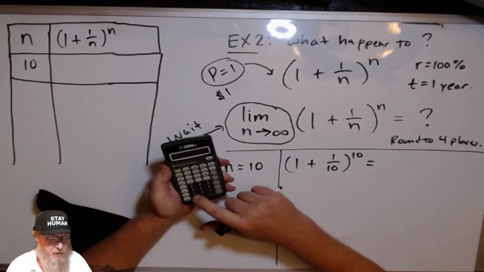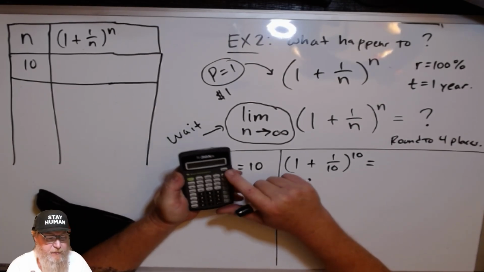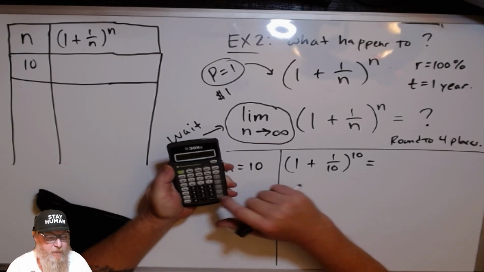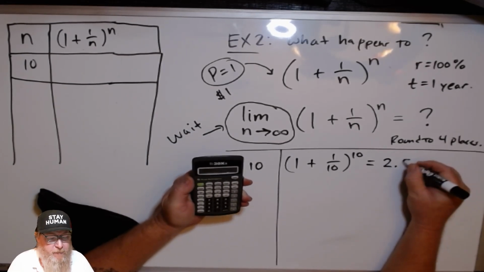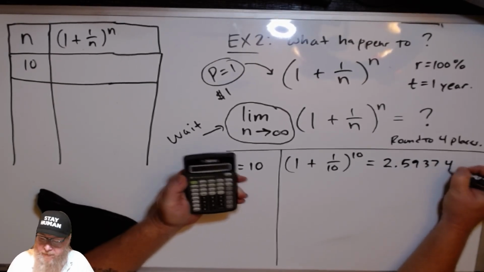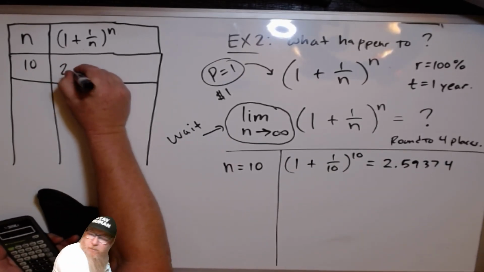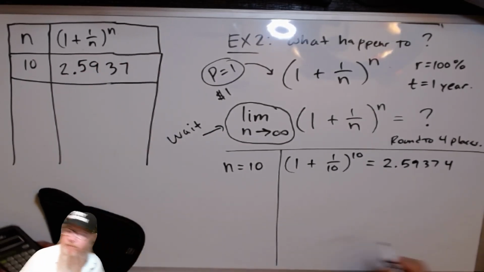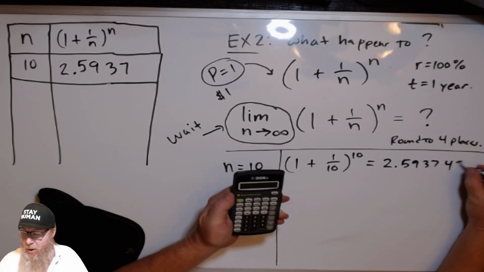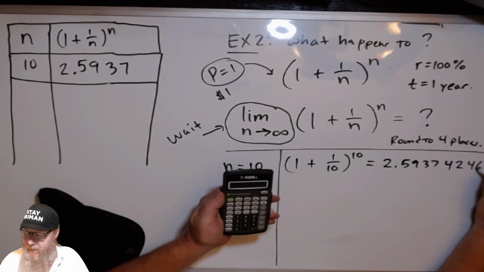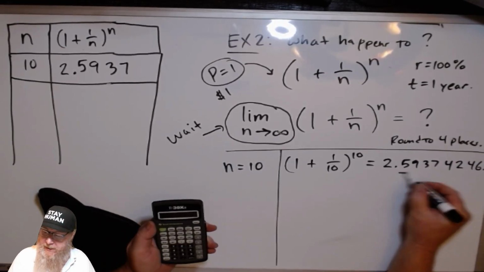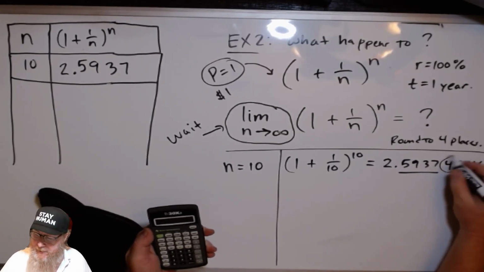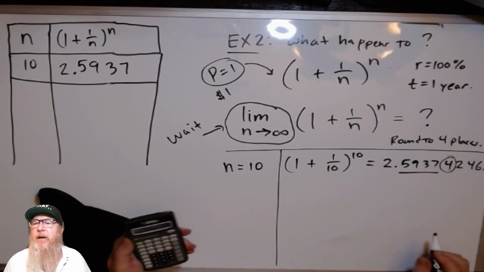So we got 1 plus 1/10, which is 1.1 to the 10th power, 2.5937. It keeps going, but I only want the first 4 decimal places. So look at the 5th place and decide if you're going to round it up or down.